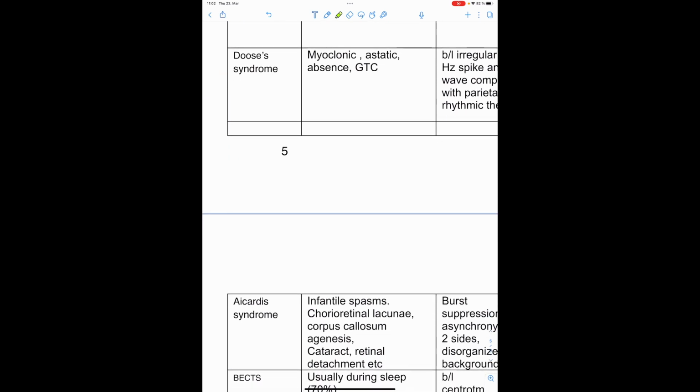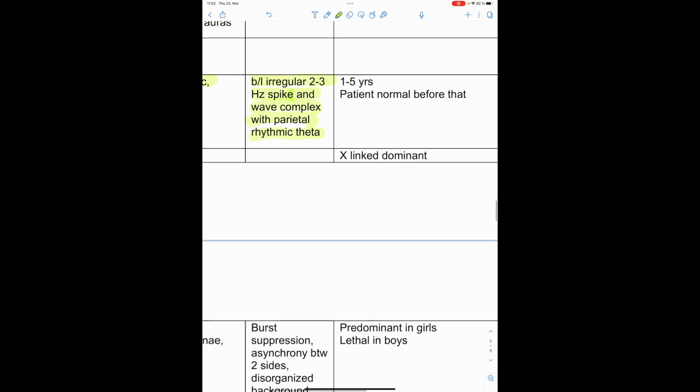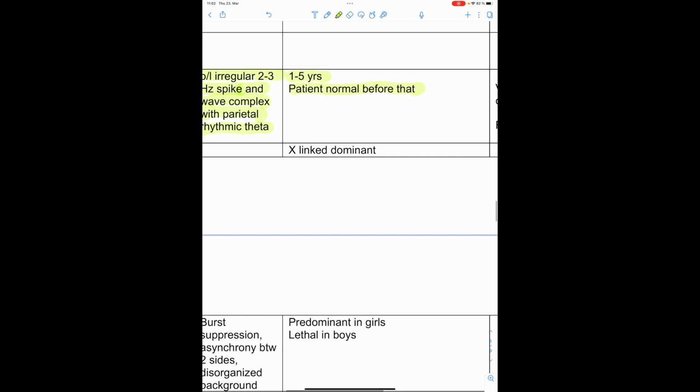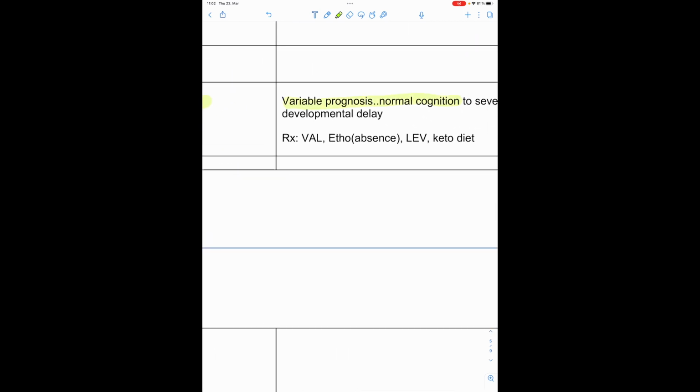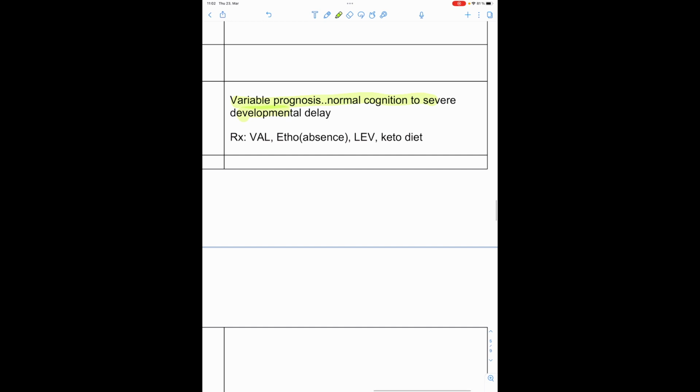Then we have Doose syndrome, and in Doose syndrome, the seizure types are myoclonic, astatic, absence, and generalized tonic-clonic. Bilateral irregular 2 to 3 Hz spike and wave complexes with parietal rhythmic theta. 1 to 5 years is normally the age, and the patient is normal mostly before that. It is X-linked dominant. Variable prognosis, normal cognition to severe developmental delay.